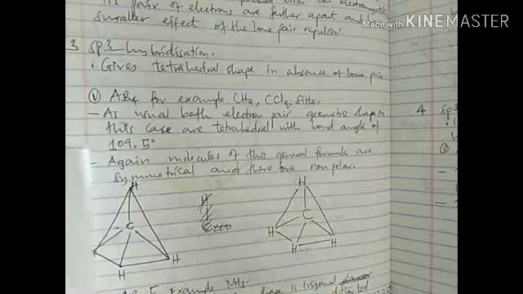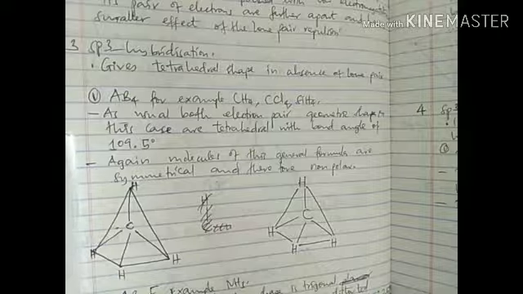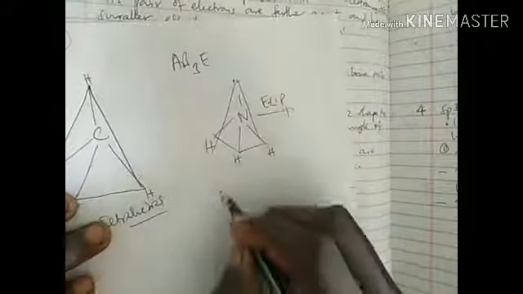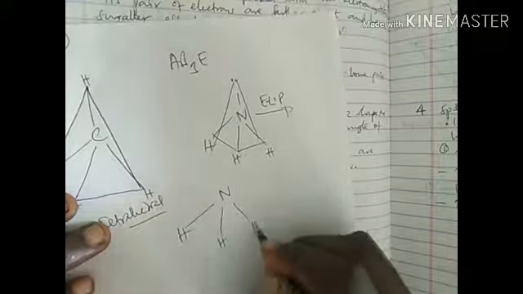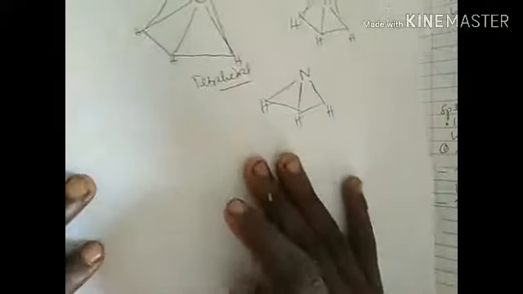So 107 comes from 109 minus 2.5. That 2.5 is due to the presence of the lone pair. So the shape of the molecule becomes nitrogen and then hydrogen, and can be called pyramidal or trigonal pyramidal.